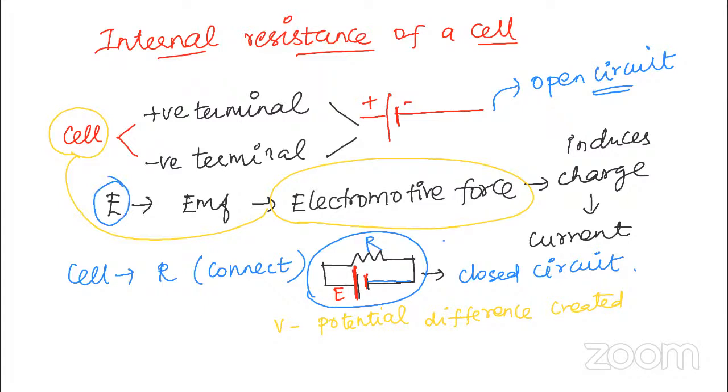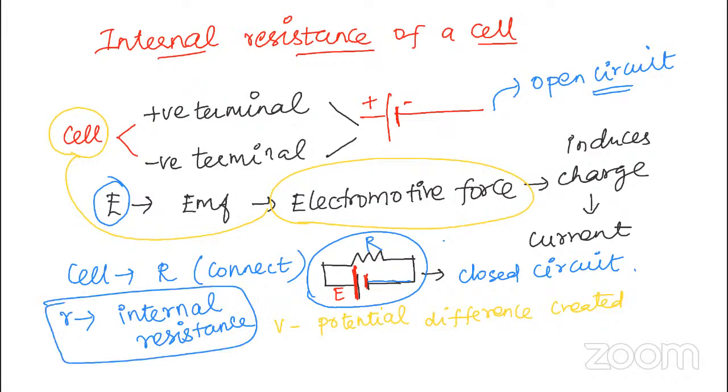While it keeps inducing many charge carriers, the resistance internally resists. For the proper movement of the charge carriers, we have this resistance. That resistance is what we name the internal resistance. So a small r we can represent as the internal resistance, and here R is a normal resistance.